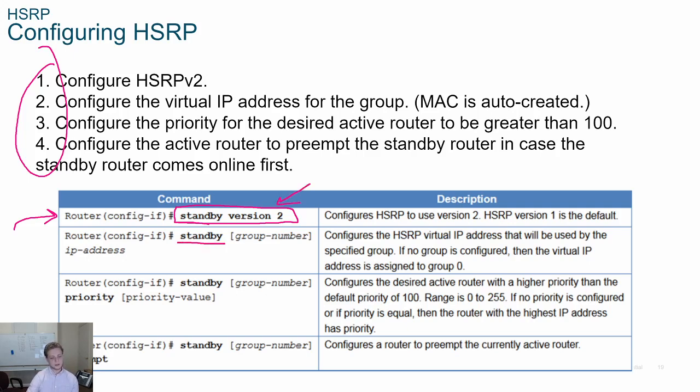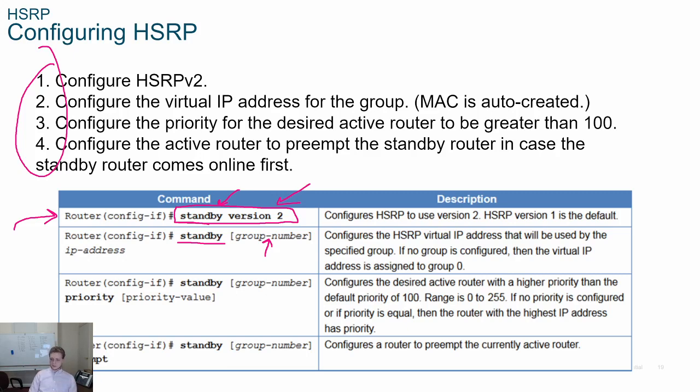And then you're going to use the, and by the way, HSRP, the word is standby. Whenever you're configuring HSRP, it starts with standby. So if all you remember is standby, then you can type in standby and a question mark, and you can find out all the commands you need. Standby, we're going to make up a group number. Now, usually, a group number is going to match with a VLAN number.